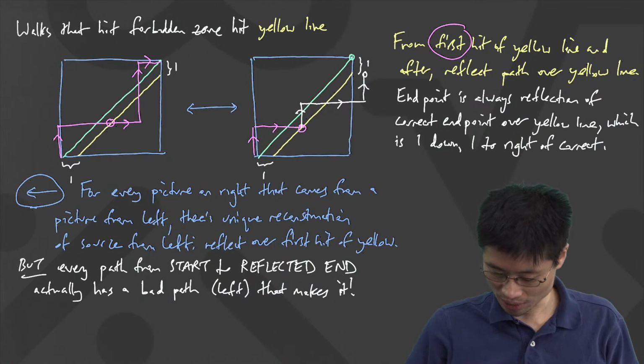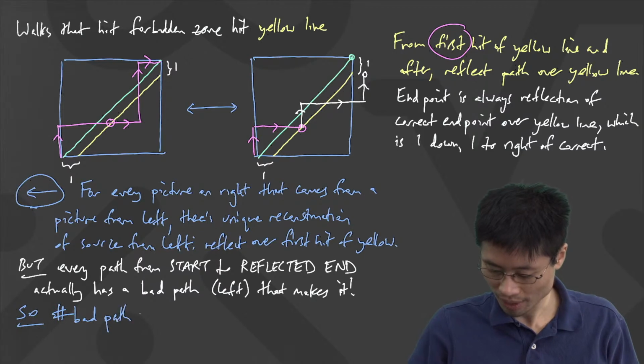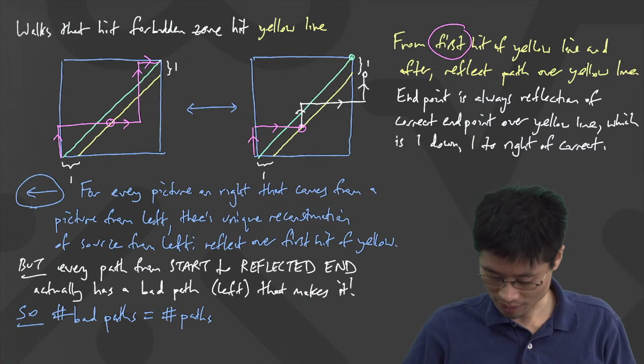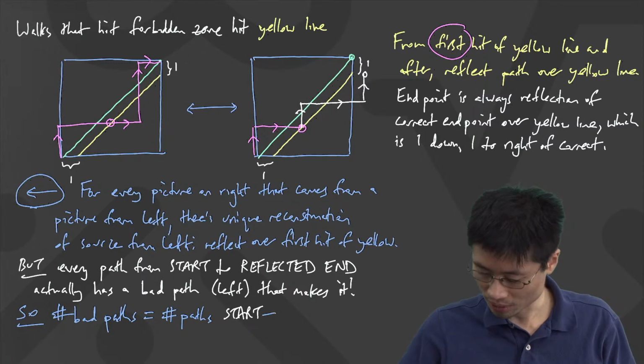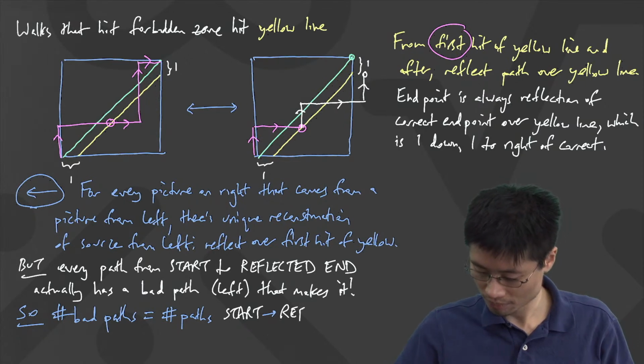So the number of bad paths equals the number of paths that go from the start to the reflected end. This is huge.